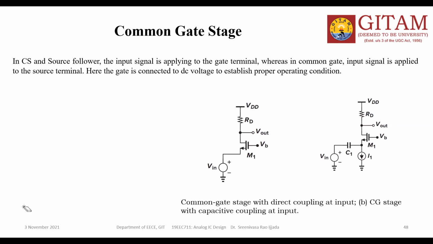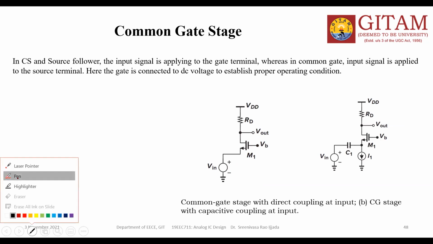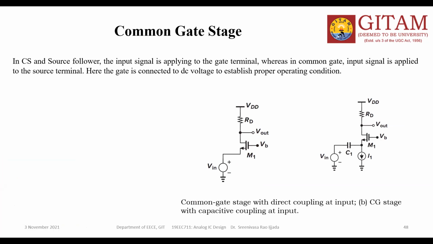This is the common gate stage, and this is also a common gate stage. But the input is applied to the source via a coupling capacitor. Generally we use coupling capacitors for what purpose? Whenever the source is connected, to block the DC value.